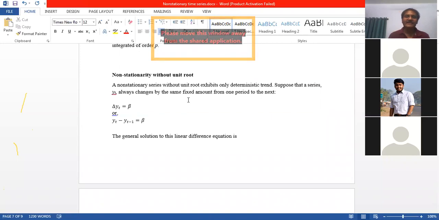Trend in variance is similar to non-stationary with unit root. So if non-stationarity appears because of trend in mean value only, then we can say it is non-stationarity without unit root. In the case of non-stationarity without unit root, the series exhibits only deterministic trend. So no stochastic trend in this case.